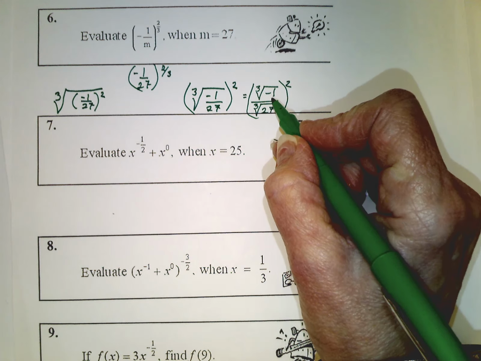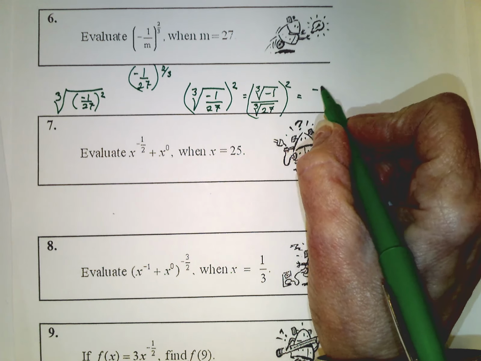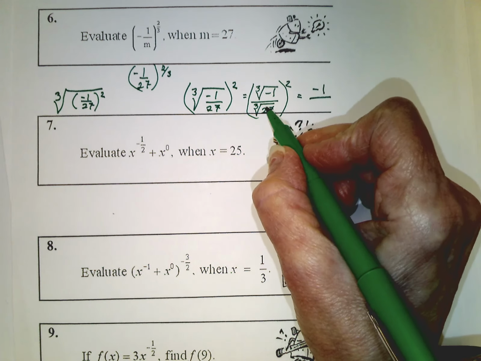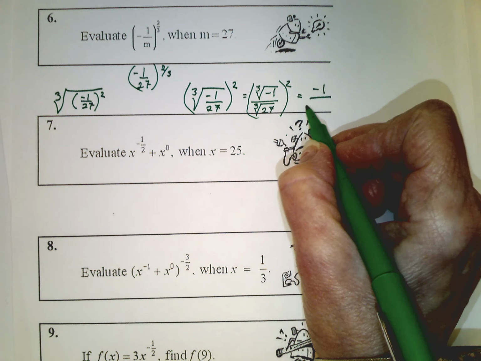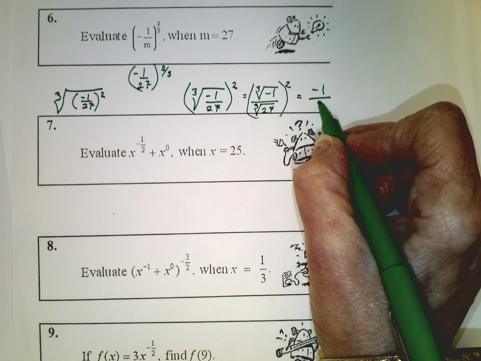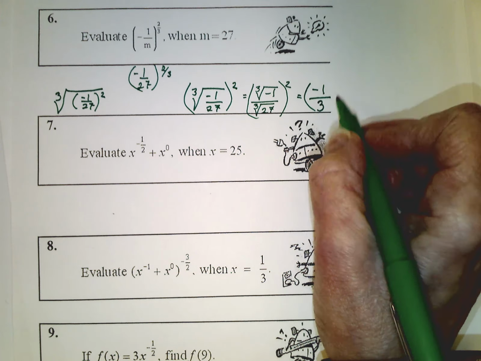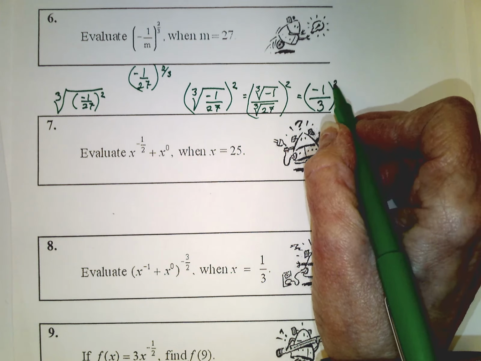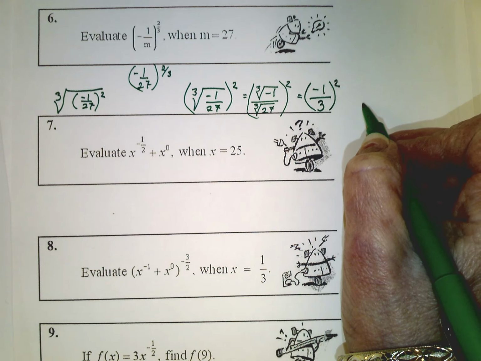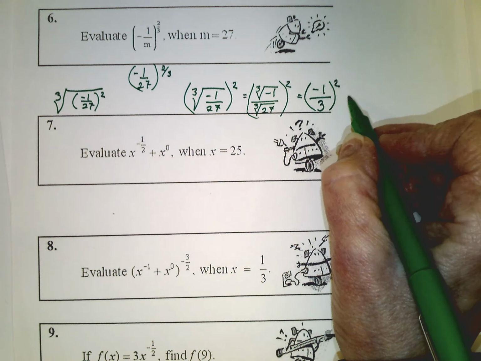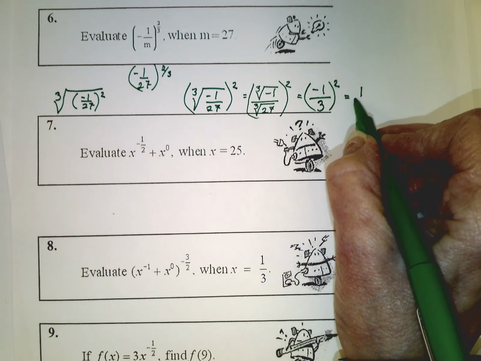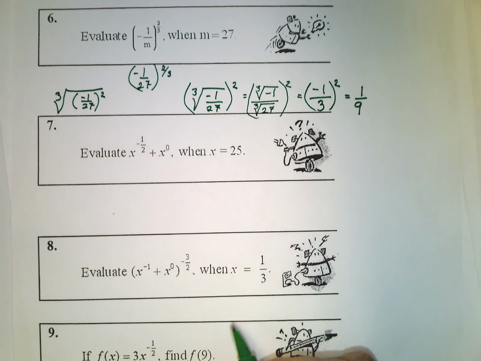Well, the cube root of -1 is -1. And the cube root of 27, we did this when we were factoring perfect cubes, is 3. And that's being raised, all of it, to the 2nd power. When you multiply this fraction times itself, you get a positive 1/9.